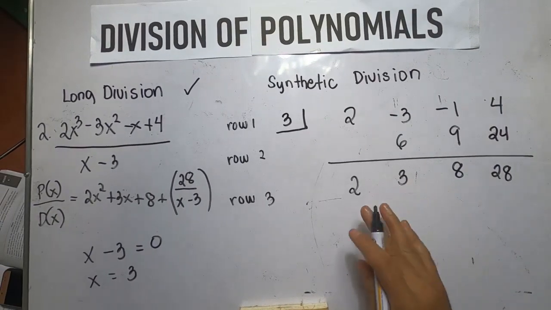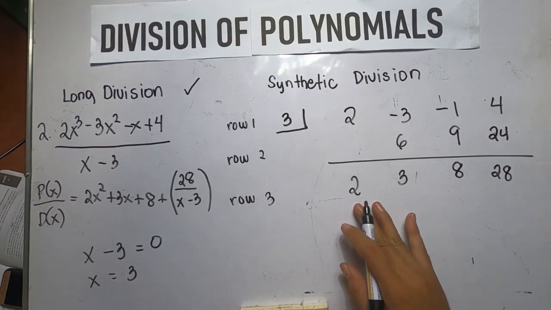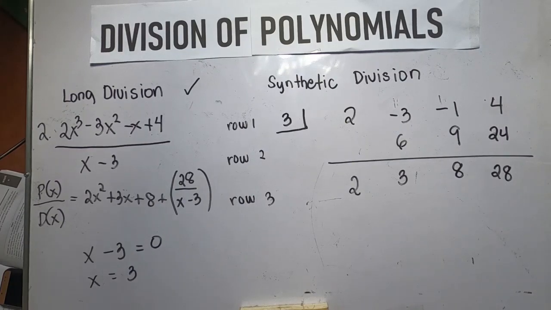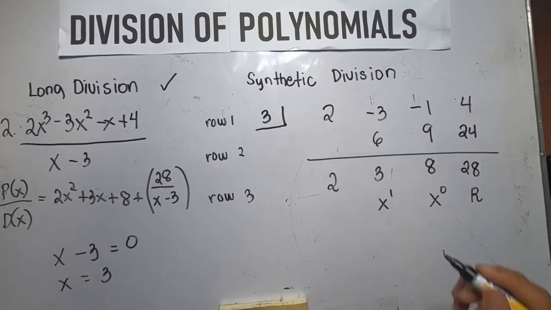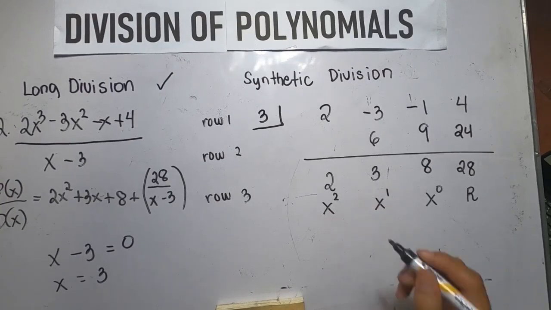Again, the third row represents the numerical coefficients of the quotient. That is, the rightmost number representing the remainder. Next to it is the constant, degree 1, and degree 2.